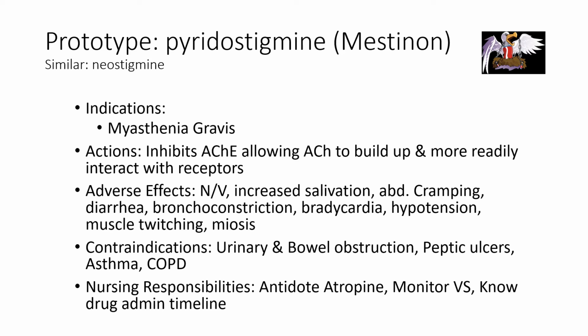So atropine is a drug that blocks the acetylcholine receptors, or acetylcholine getting to the receptor. So if you have too much acetylcholine because of this drug, we can use an acetylcholine receptor blocker like atropine, and that will stop acetylcholine from stimulating those receptors by giving atropine.